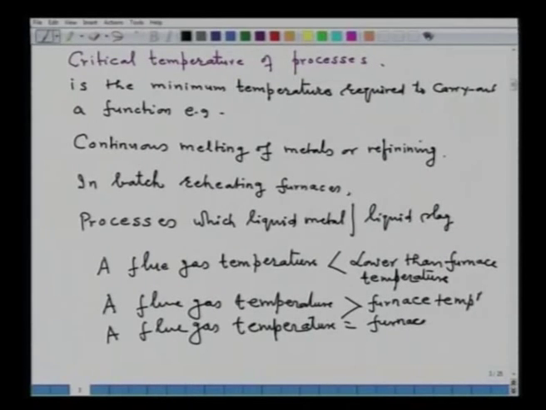Now, what I mean from here is that in fossil fuel fired combustion furnaces, three conditions can arise.